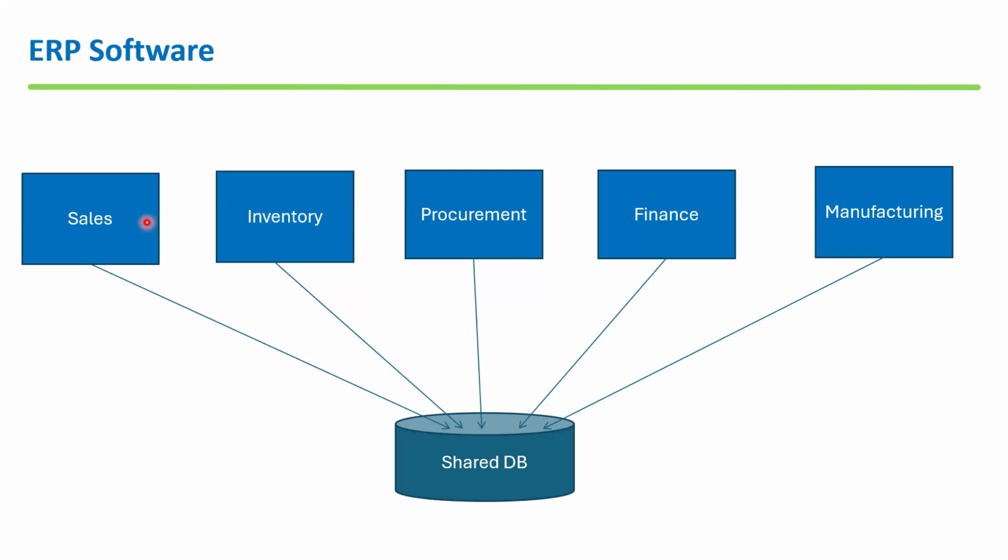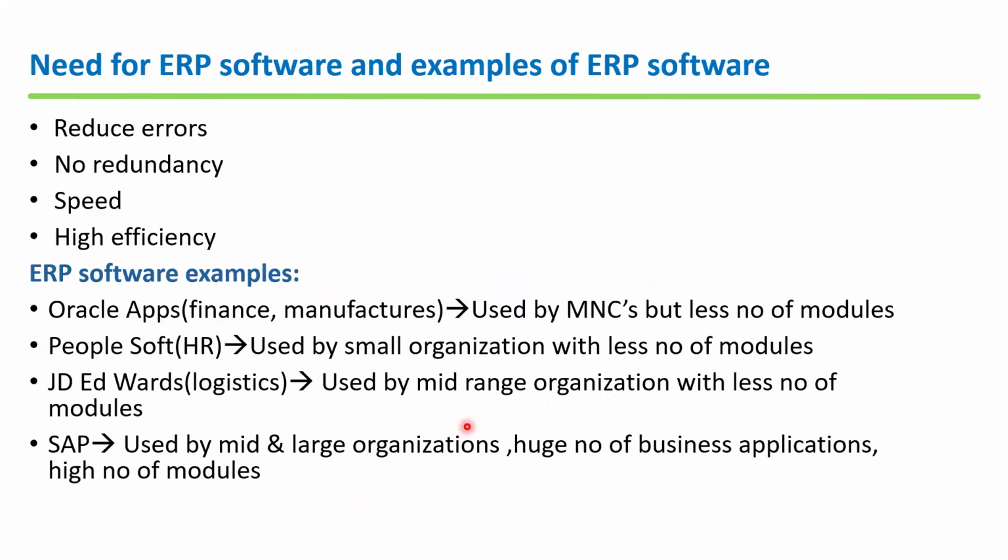They also get automatic notifications from the system, so there is no time delay between departments. It reduces time and errors and increases production because everyone is accessing the same database. That is the reason many organizations and businesses use ERP software to avoid these problems.